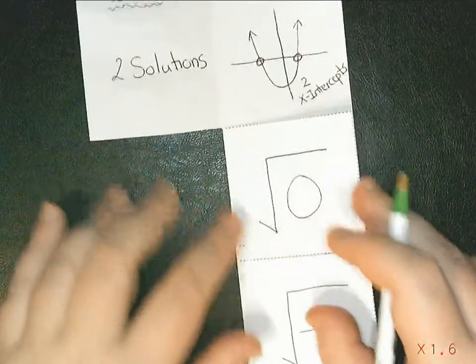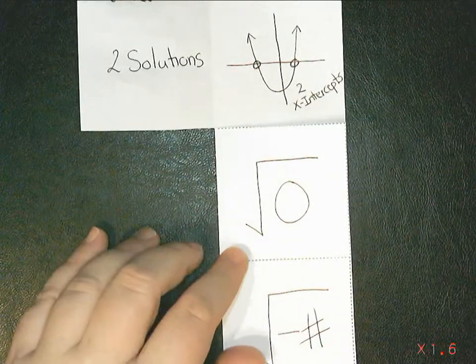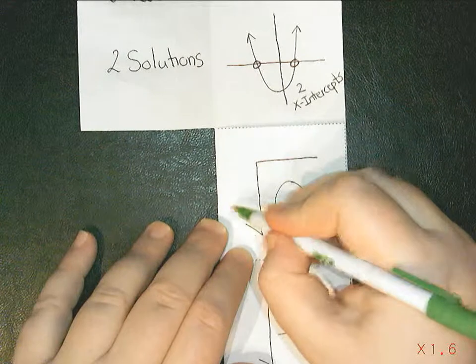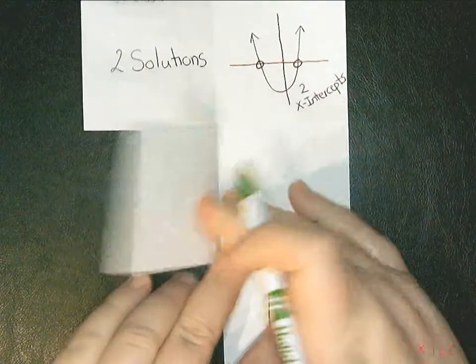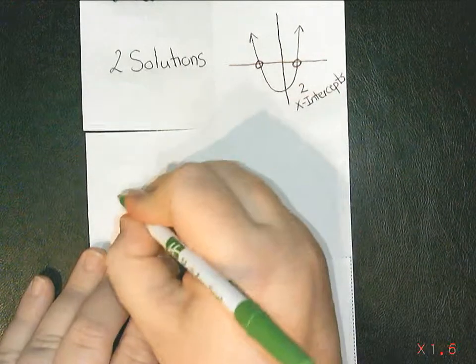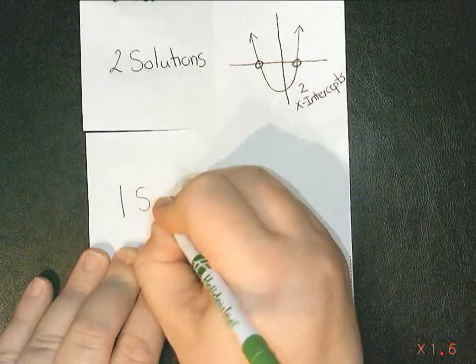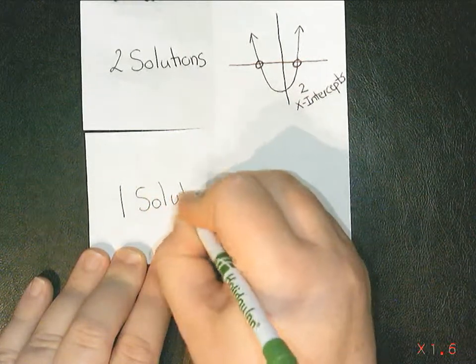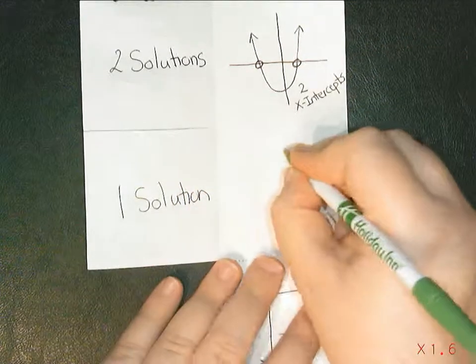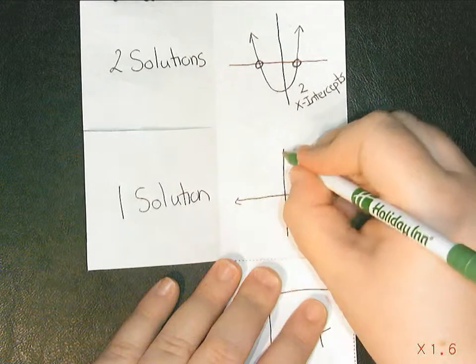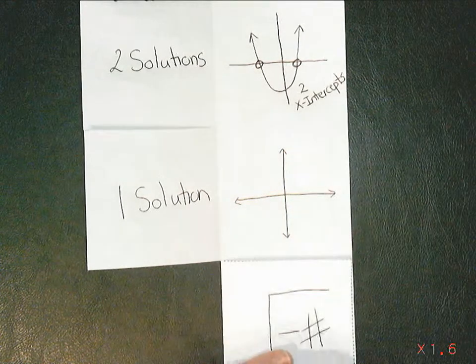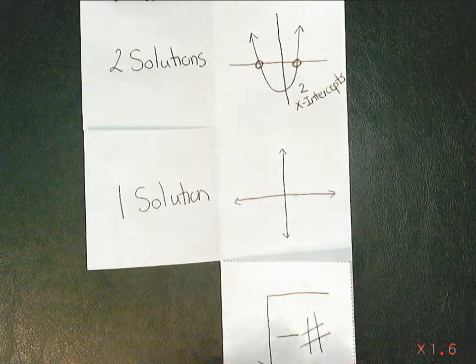If we have a square root of 0, when we're doing the quadratic formula, if we add and subtract 0, we actually just get the exact same answer. So this is only going to give me one solution. And on a graph, one solution means it only has one x-intercept. So how do you draw a parabola with only one x-intercept?